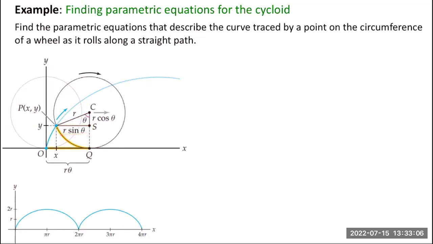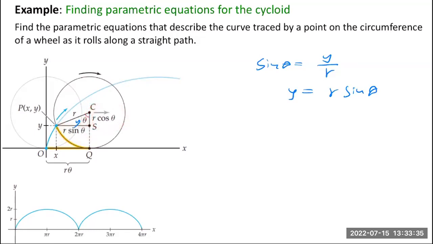Because you can write an immediate equation. If you take this opposite length to be y and the hypotenuse r, sine theta is equal to the opposite side divided by the hypotenuse, that is y divided by r. So y is equal to r sine theta. That's exactly what I have here. Likewise, you should be able to see that this length is going to be r cosine theta.